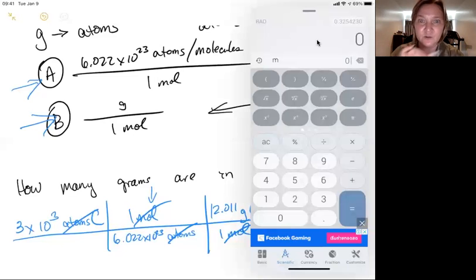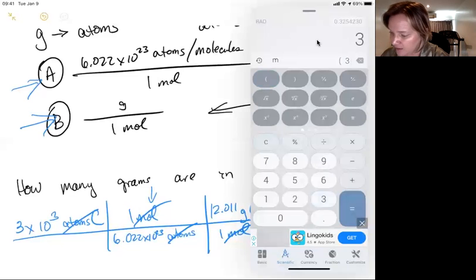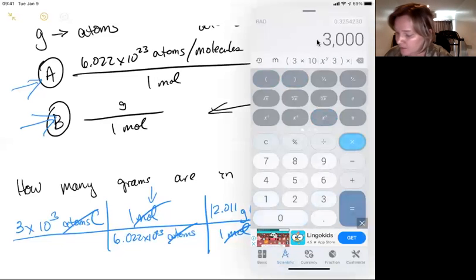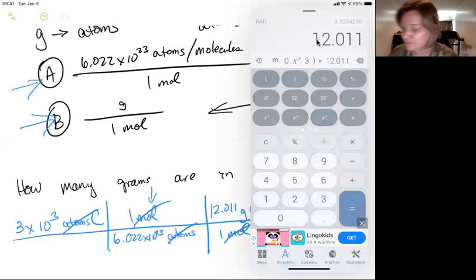But let me do this first. I'm going to put this in brackets. I've got 3 times 10 power 3. Okay, so that's 3,000, makes sense. Times 12.011, because those are the numbers at the top.